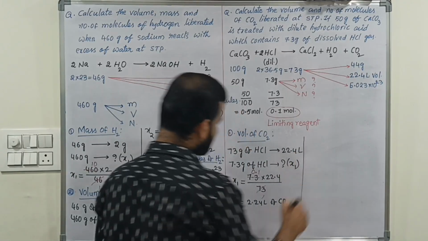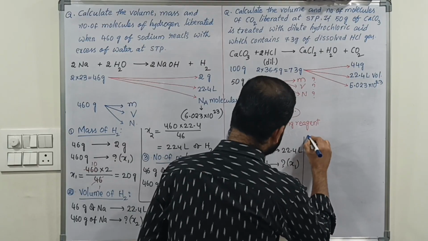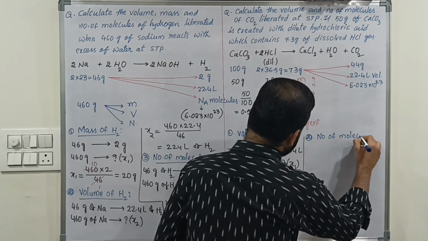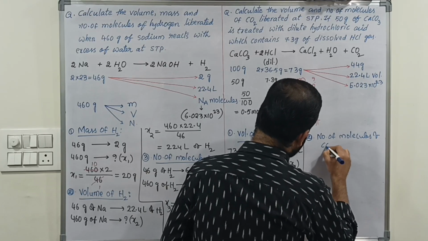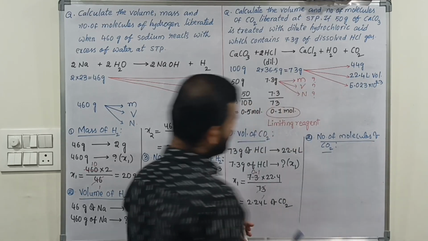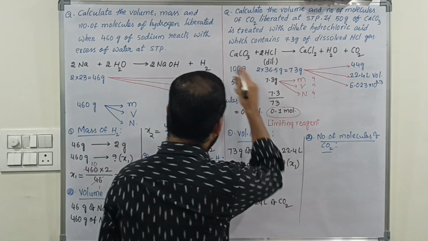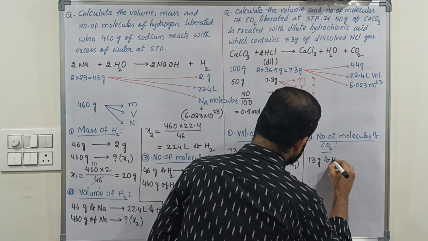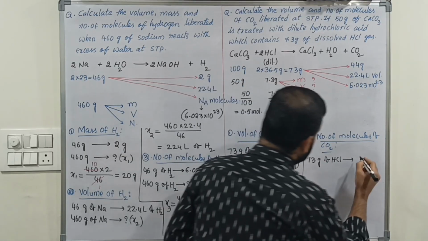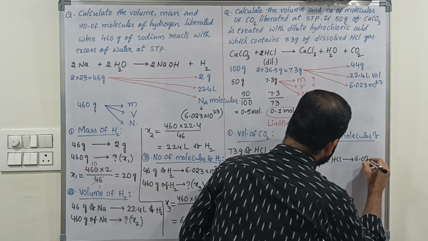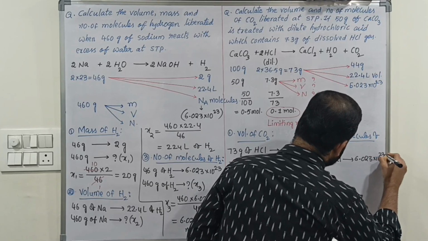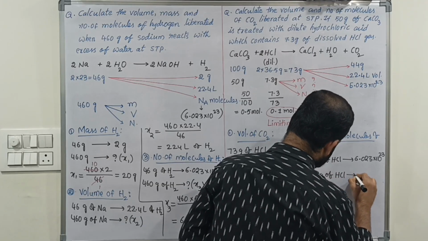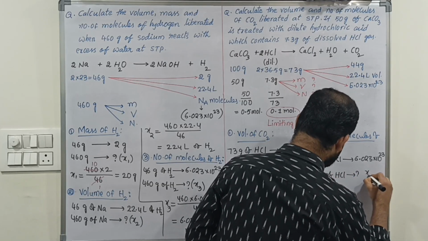Second one is number of molecules of CO2 gas. As per this equation, 73 grams of HCl gives 6.023 into 10 power 23 molecules of CO2. Then 7.3 grams of HCl gives how much? Let it be x2.